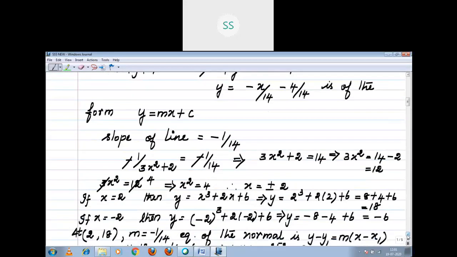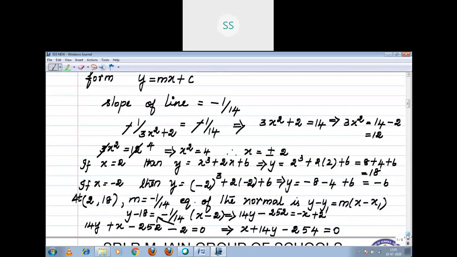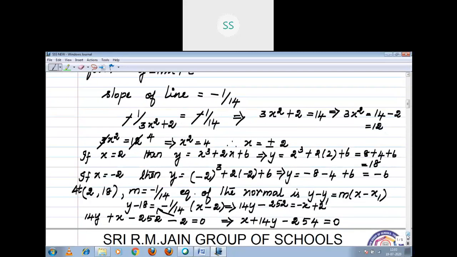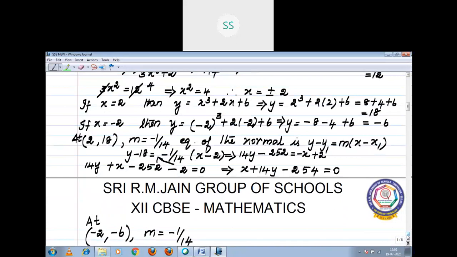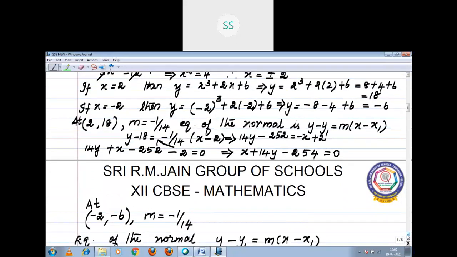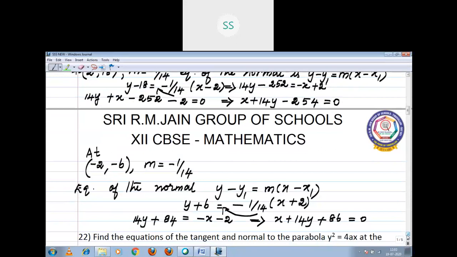At (2, 18) with that slope, the equation of the normal you found is x plus 14y minus 254 equal to 0. Then at (minus 2, minus 6), m equal to minus 1 by 14, the equation of the normal is x plus 14y plus 86 equal to 0.